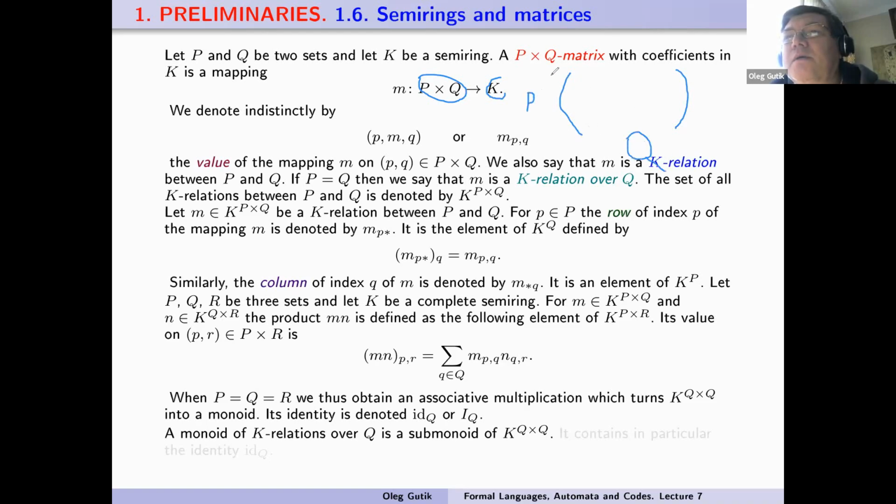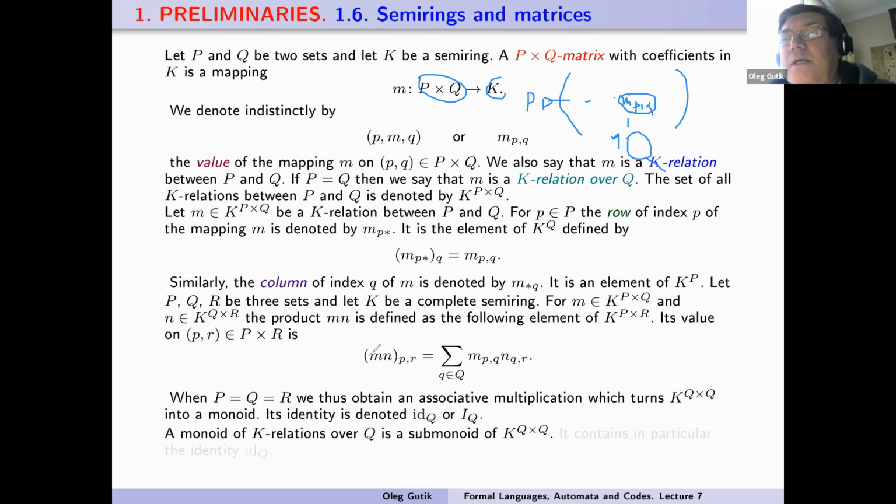So the number is P, here Q, and in the place (p, q) we can consider having some M_pq. Here is the number p small, here is q small, and there exists an element which we denote M_pq in the usual case.